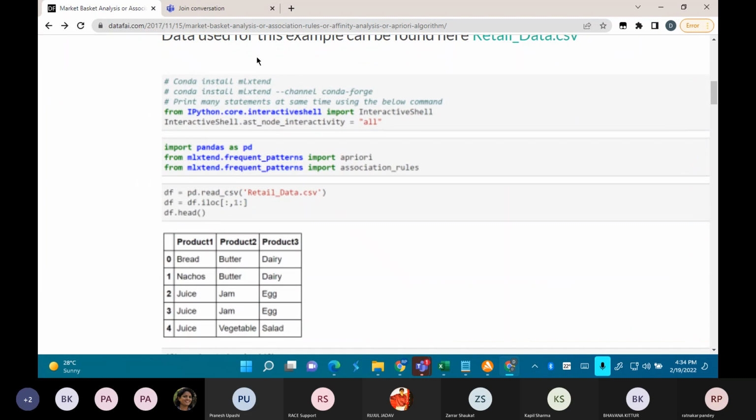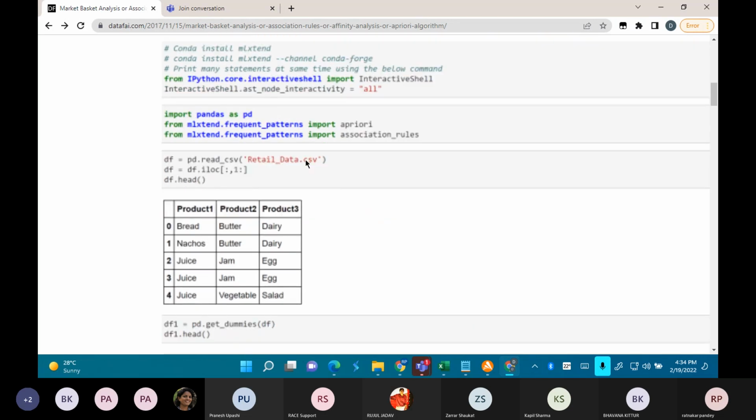All this is pretty regular for you, but you have to make sure that you install these packages. If you're working in Jupyter, you'll have to install this: conda install mlxtend. After that, we are grabbing from mlxtend.frequent_patterns and importing an algorithm called apriori. Apriori is nothing but like conditional probability.